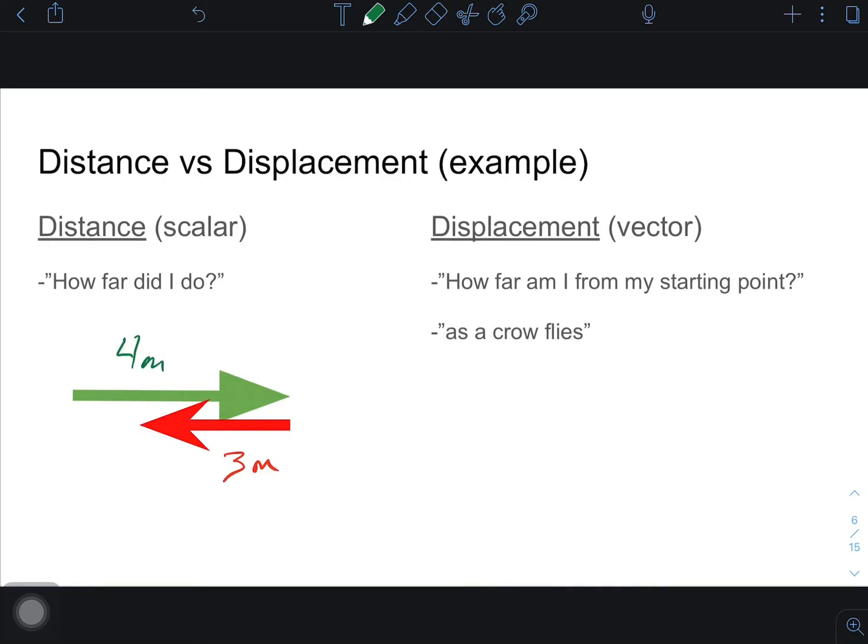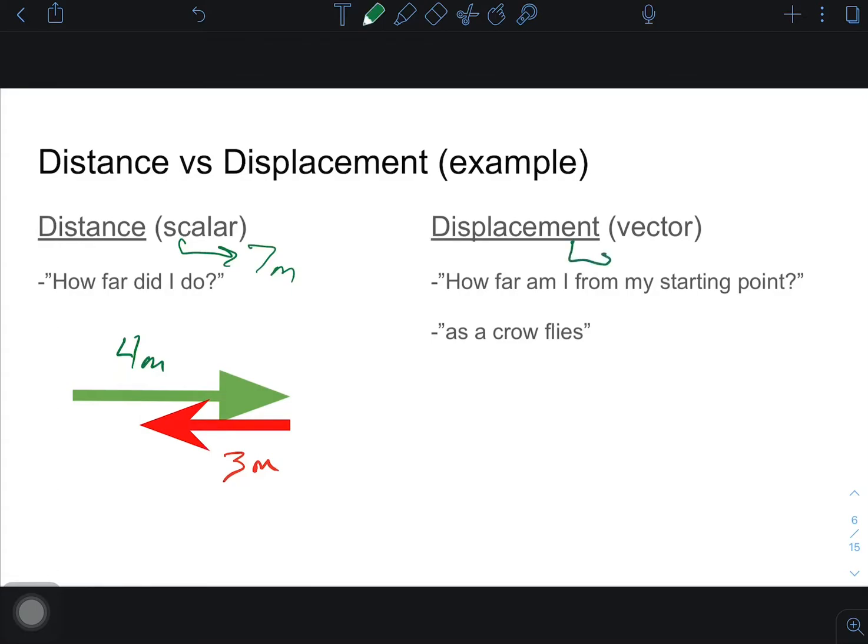So if I start here, and I walk 4 meters, and I stop and I walk backwards 3, when we say how far did I travel, I've walked 7 meters. But when we say how far am I from my starting point, now I'm pretending that I walked in a straight line here.